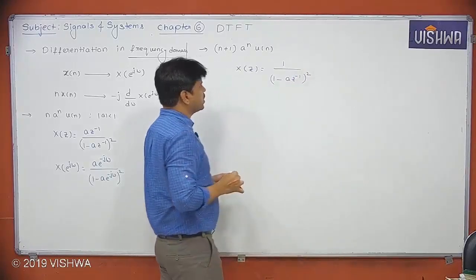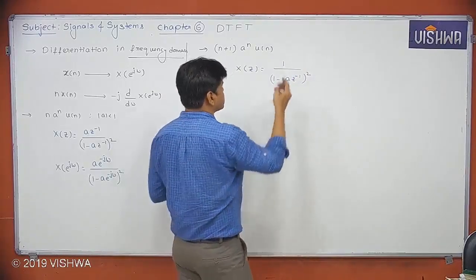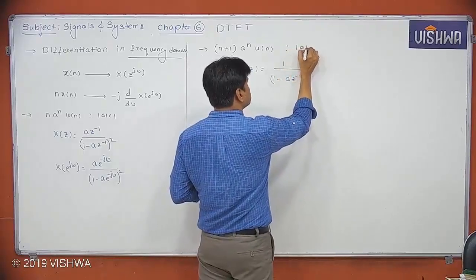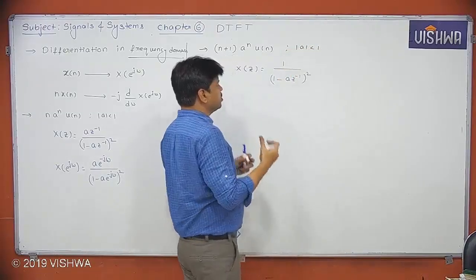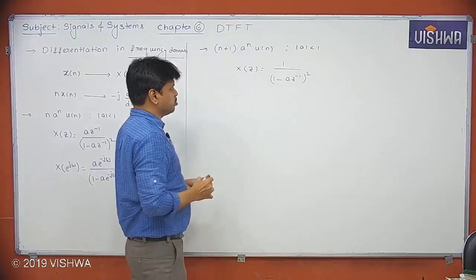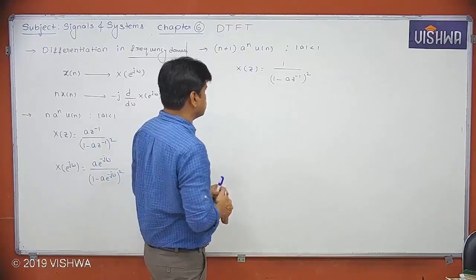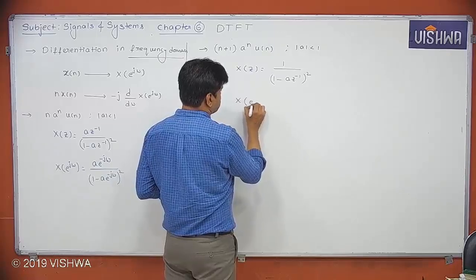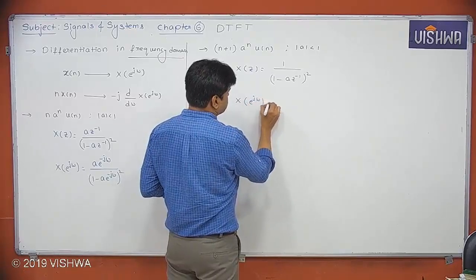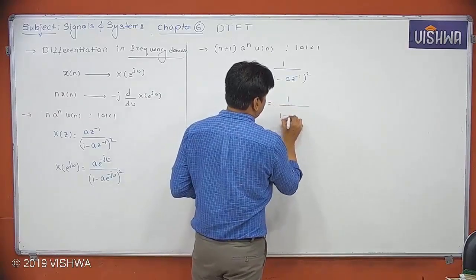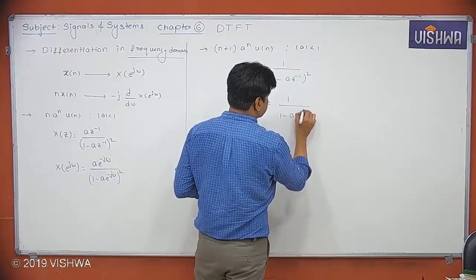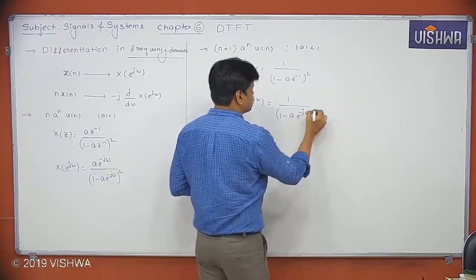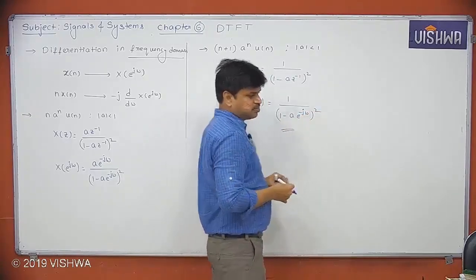To write x of e power j omega, it must satisfy one condition. What is that? Mod a less than 1, because a decaying exponential, a bounded signal, has to be there. From this, x of e power j omega is 1 by (1 minus a e power minus j omega) whole square. Here, take it.